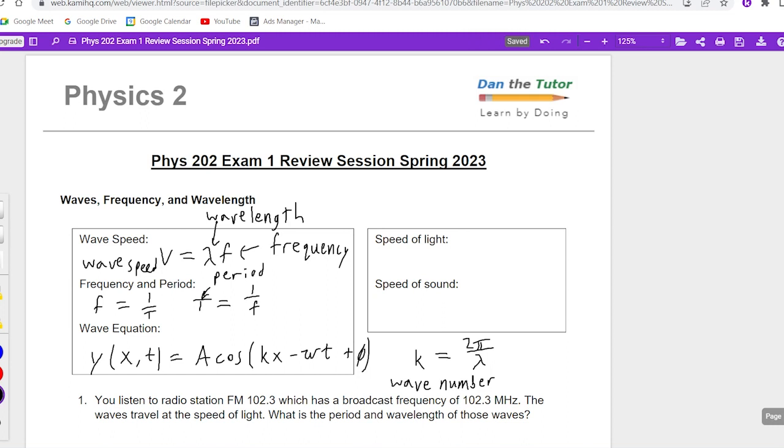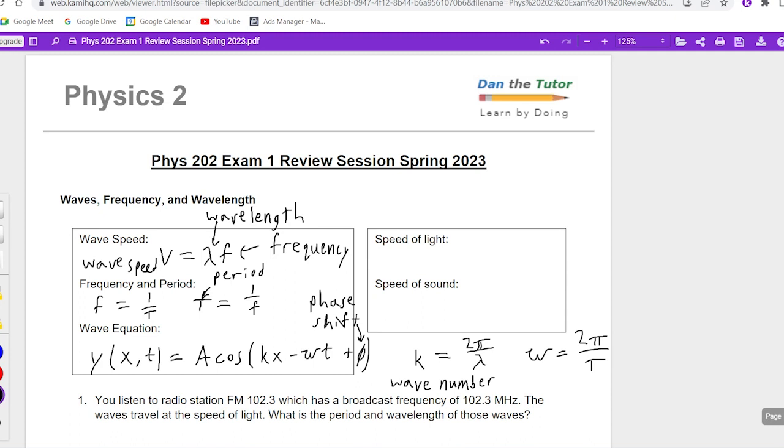I'm going to give you a second to catch up. Now, omega, I don't even know if it has a name, maybe angular frequency, but omega is just equal to 2 pi over T, where T, again, is our period. And then this phi right here, that's the phase shift, we call it, and I really don't think you have to worry about it for this exam.